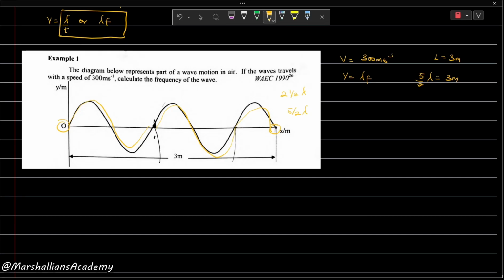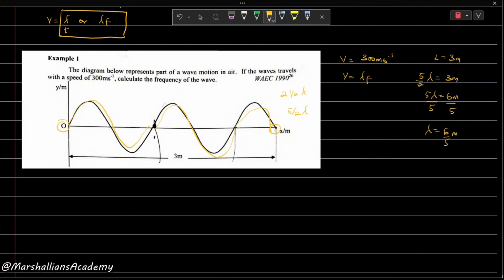What is the value of one wavelength? We're going to be having 5 lambda is equals to 6. Then you could divide both sides by 5. I'm going to be having lambda is equals to 6 over 5 meters. Does this make sense? So this is my wavelength. And now I could find the frequency.